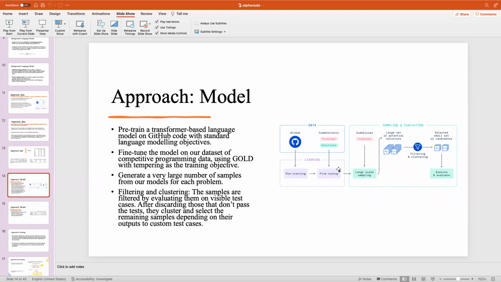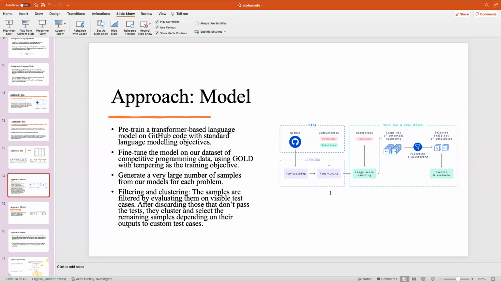And it then fine-tunes on the new CodeContests data set using some different training objectives. We'll cover those in detail later. The left is the training process. After the fine-tuning, the training process is done. The right is the inference phase.